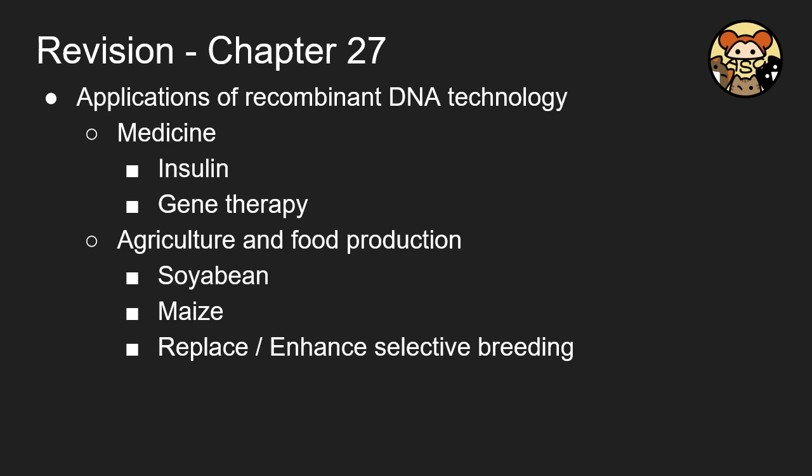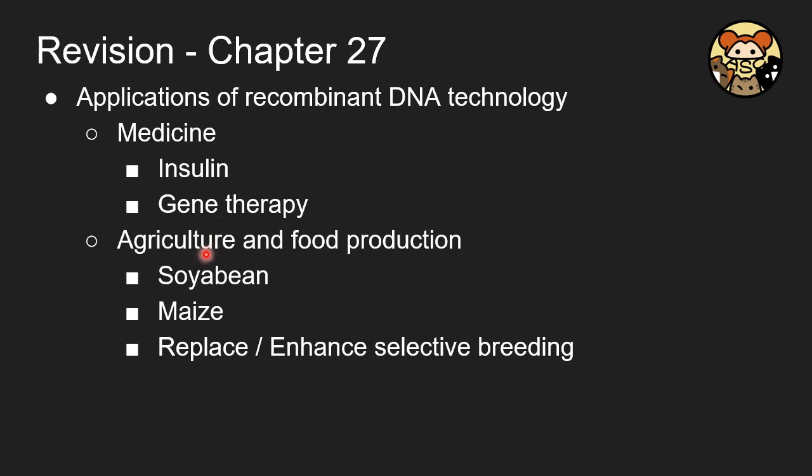So what are the applications of recombinant DNA technology? For medicine, we can produce insulin and also gene therapies. Based on GM modifications, we can produce insulin from bacteria instead of purifying insulin from cows or pigs, so it costs much less and is much cleaner with respect to the extraction process.